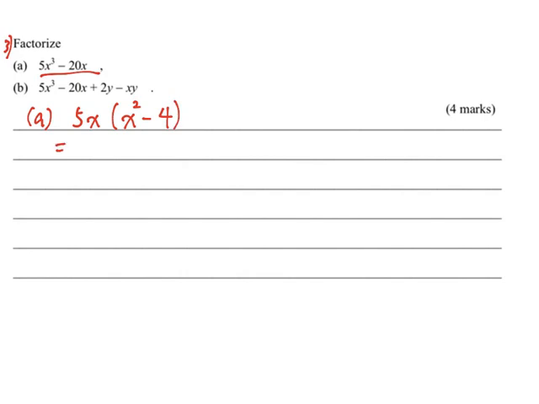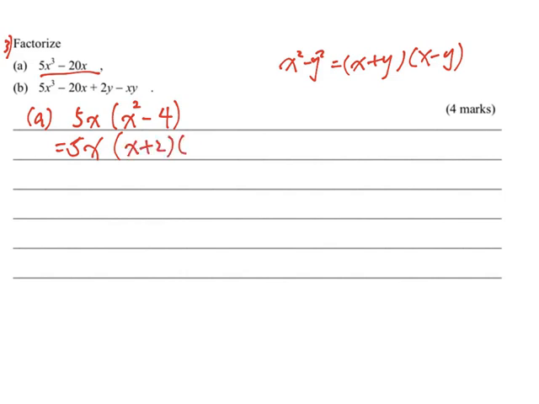Okay, it's not finished, because for this we can have the difference of 2 squared, so x plus y, x minus y. So for this situation, 4 actually is 2 squared, so it's x plus 2, x minus 2.